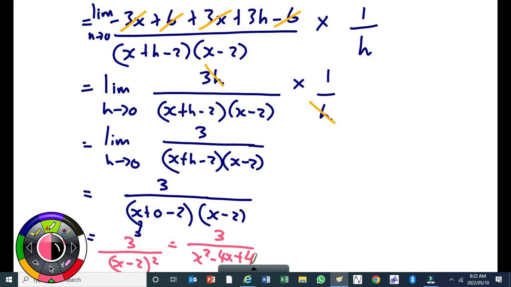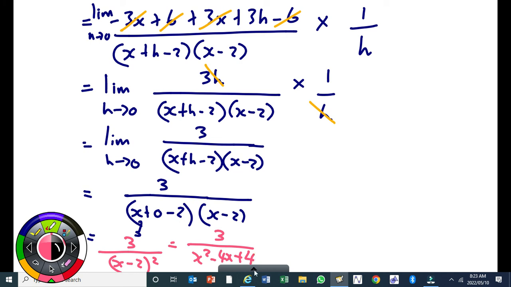Okay. Right. Okay, is there anyone who has any question with regard to first principles? Because I'm concluding it now, and you have to know this for your calculus. Okay? For your June exam, the first question on calculus will be on first principles, and it's usually 5 marks. Okay?